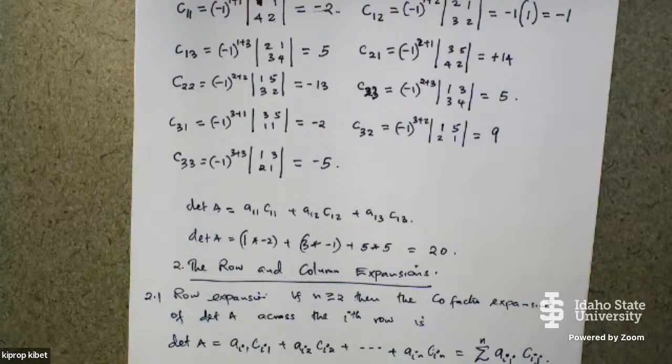So if i is 1, then what changes is the j. It will be A11, the first one, A12, like that, up to the last one, which is n.